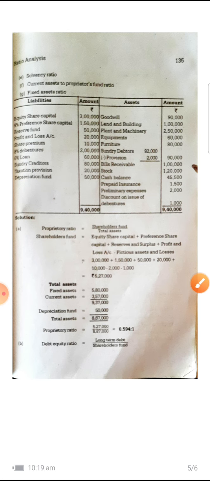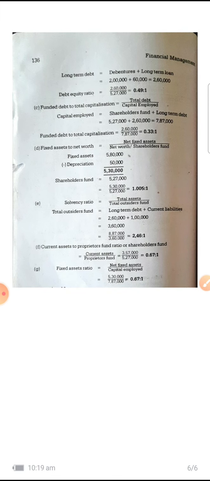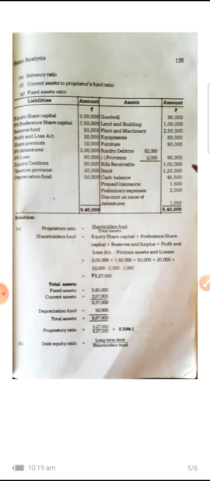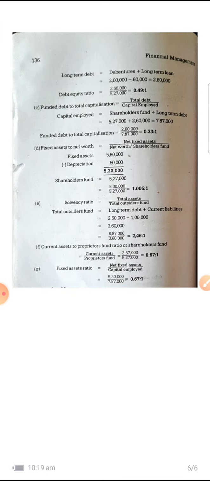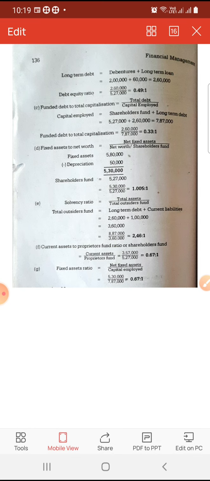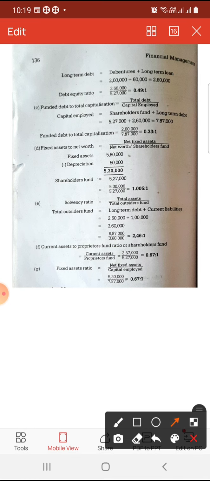So long term debt, if you check, you have in the problem, long term debt divided by shareholders fund. Shareholders fund, you have equity shares, preference shares, all these things, so that you have to take it and deduct. Okay, so long term debt, debentures and long term loans.